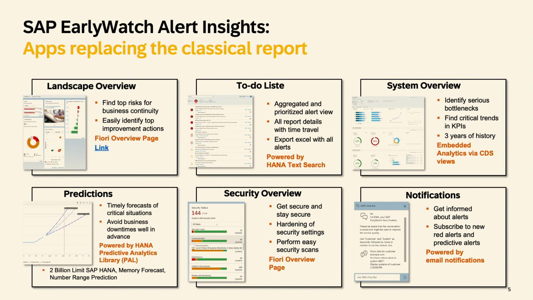In the middle here you see we have a to-do list. That's the application called Solution Finder. It summarizes all the alerts from the complete landscape. So it can be hundreds of systems, and you see all alerts aggregated by finding and which systems are affected by alert.